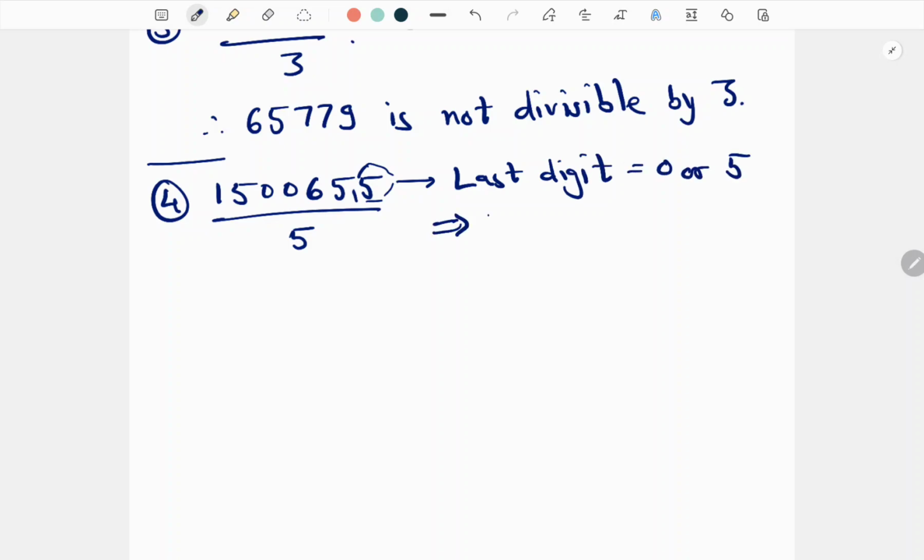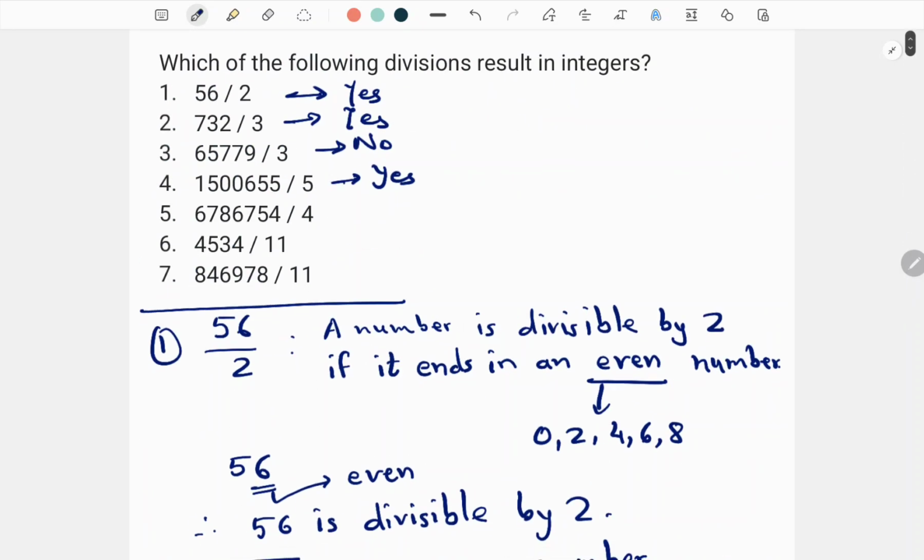This implies the number is divisible by 5. Okay, that was straightforward. Divisibility by 5 is straightforward. This one is interesting.